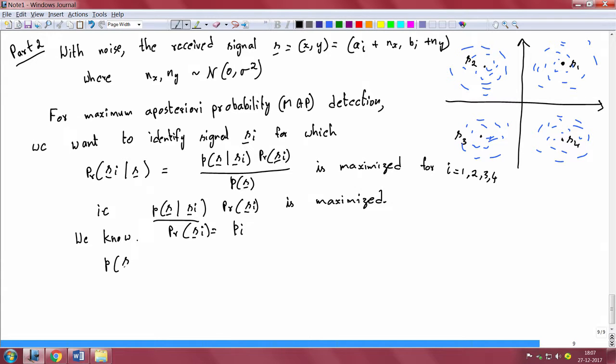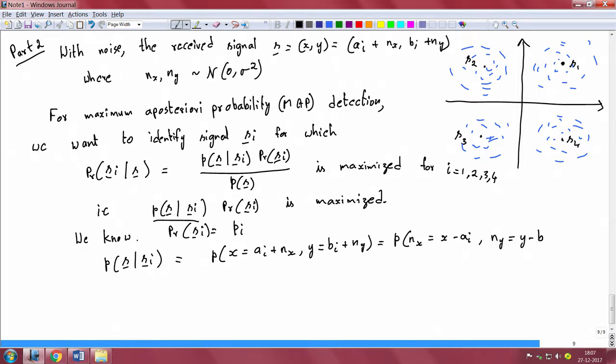So, probability of S given Si is nothing but probability that x is ai plus nx, comma y is bi plus ny. Which we can write as probability that the noise sample nx is nothing but x minus ai, and the noise sample in the y coordinate is nothing but y minus bi.